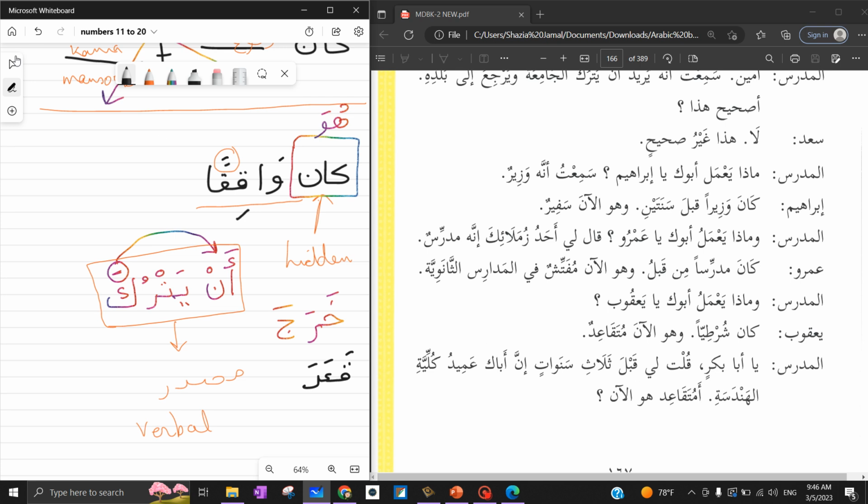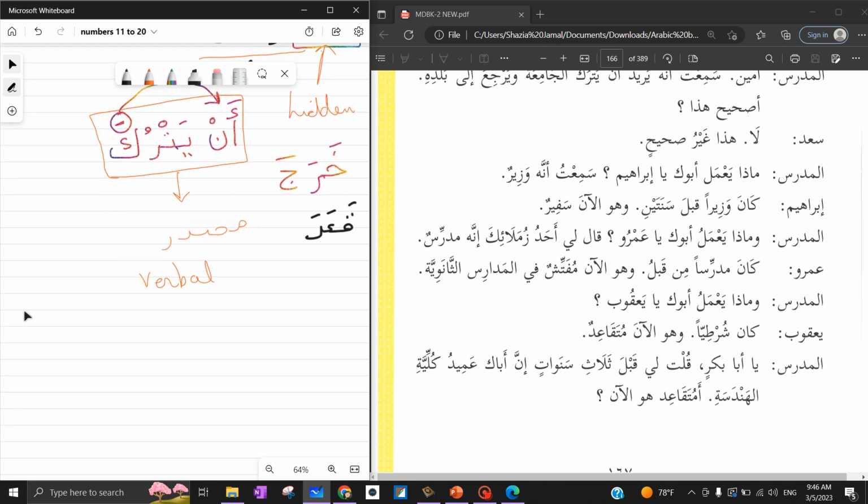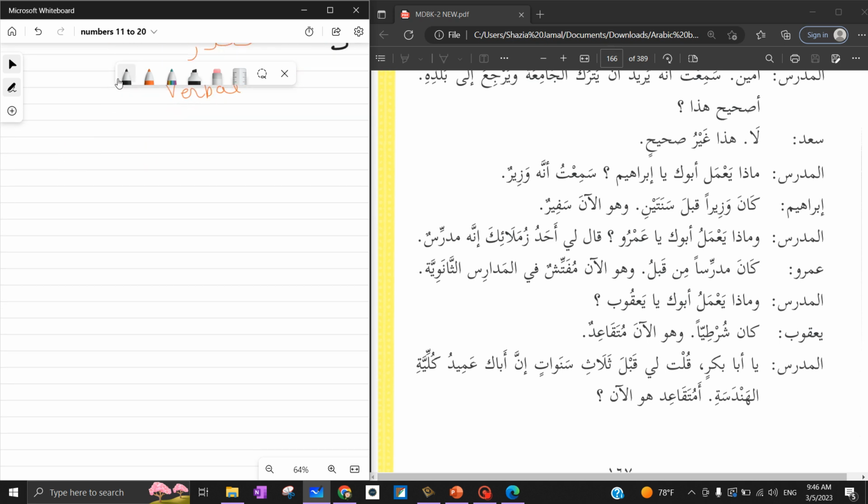So Al-Mudarris says, Ya Aba Bakrin. Now, one may ask, what is this Aba Bakrin and Abu Bakrin? Why is it coming like this? Aba and Abu, why is it changing? When you use Ya harf nida, you have a rule. Whenever any name that comes in idafa construction, like Abu Bakr, which means the father of Bakr, comes after harf nida ya, the first noun, the mudaf, changes.